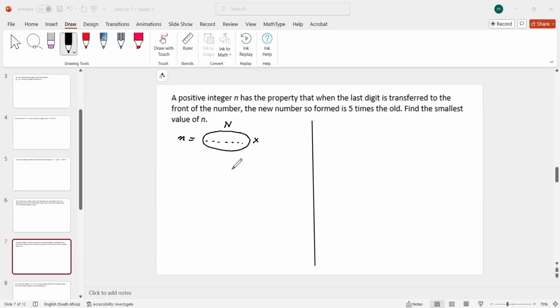This part here. Then when you put this number at the end, it says that the last digit is put to the front. Now, when you do that, then the N comes here. And this is the new number. This is equal to 5 times the old number.